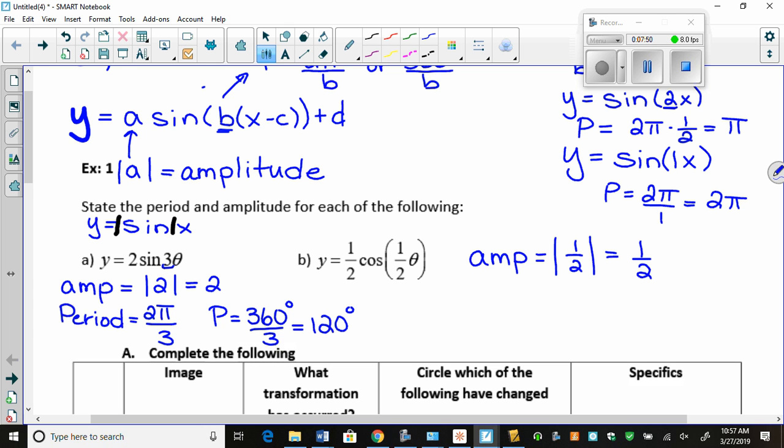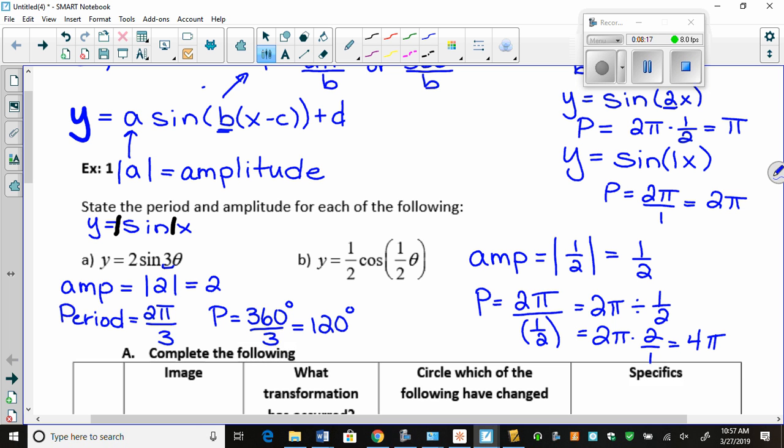And then the period is 2 pi divided by a half, which whenever we have a fraction in a fraction, we write them sideways. Okay? Very important. Throughout the year, whenever you have a fraction embedded in a fraction, you're going to write it side by side. So 2 pi divided by a half is 2 pi times 2 over 1, which is 4 pi.